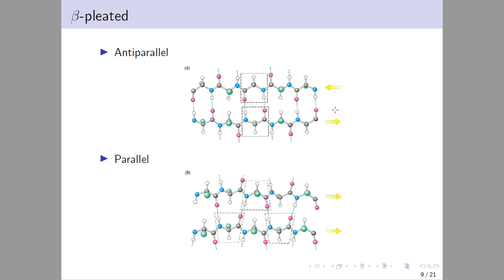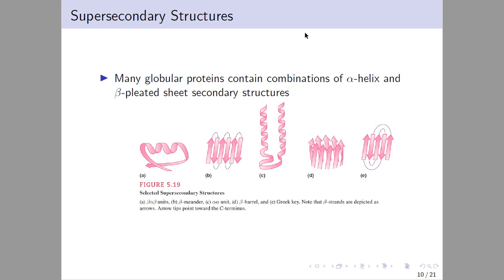And for parallel, we have the same structure, blue and blue, black and black. Here this black and blue, here black and black. So making the hydrogen bond here, here, and here.